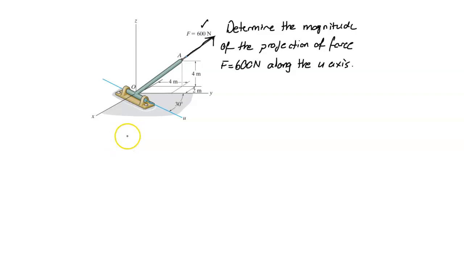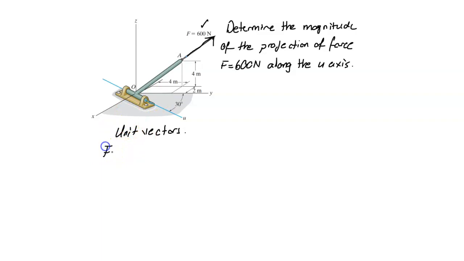Okay, so let's write down some unit vectors. So we need to determine a unit vector OA such that we can write the F vector as a Cartesian vector, and then we need to write a unit vector along axis u using the coordinate axis system here, x, y, z.